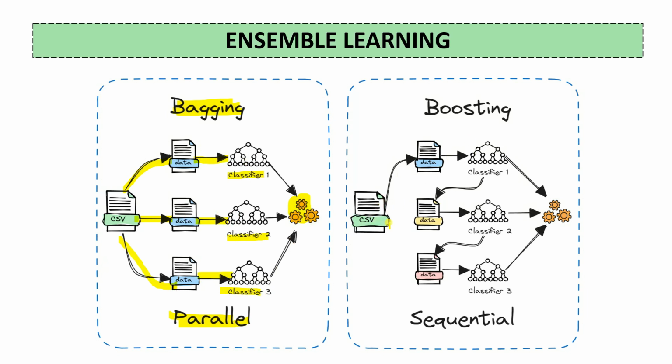You can see here that sample data is passed to classifier number 1, and after that, if the error is calculated here, it will pass into the next one, and so on. The data is passed in a sequential manner. So in the case of boosting, data is passed sequentially and tries to boost your machine learning predictions. This is the difference between bagging and boosting.